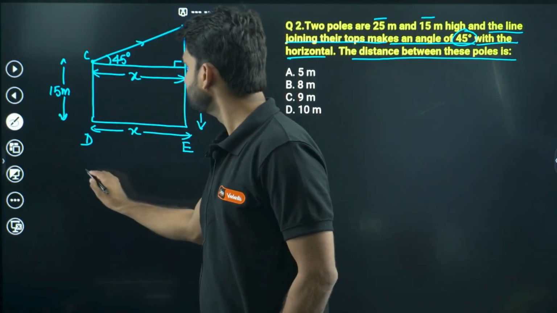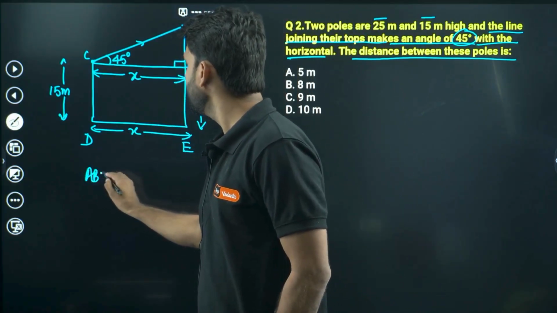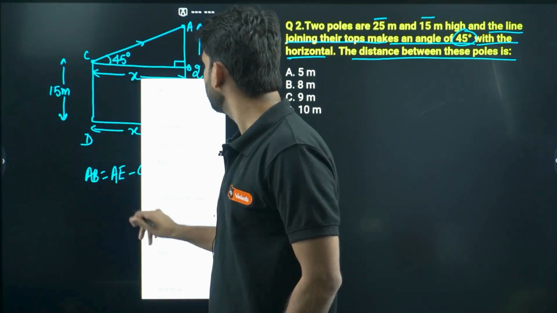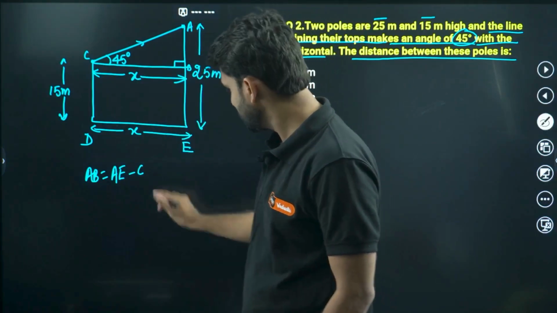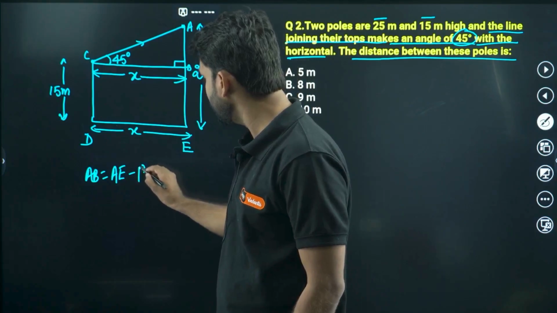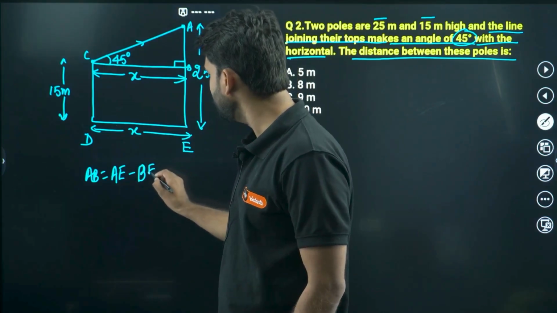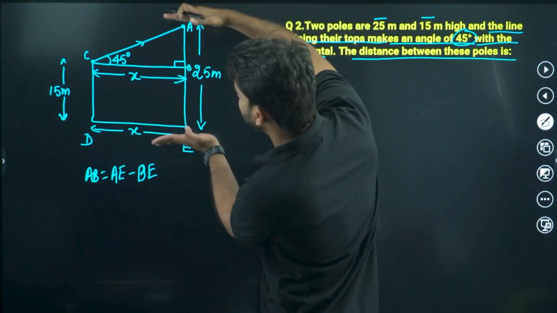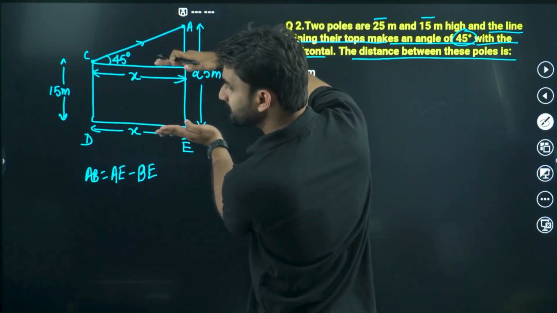So look, AB will be equal to AE minus BE. Please look at the diagram, what I am writing here. AB will be the complete AE minus BE.